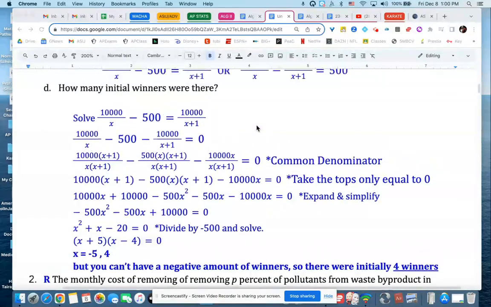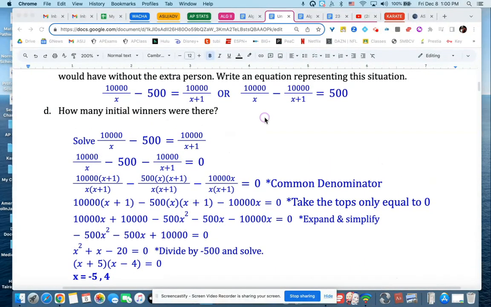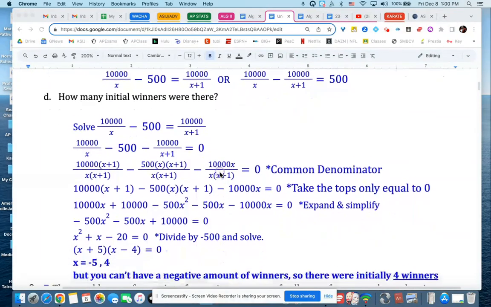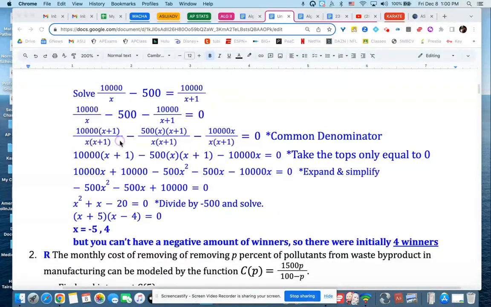All right, so it looks like a lot here, but it's really just broken down for you so you can see. So take your original equation however you want. No matter which equation you use, I'm going to move everything to one side, or at the very least, you're going to have to get a common denominator. So we definitely need a common denominator. That's the main goal of solving, right?